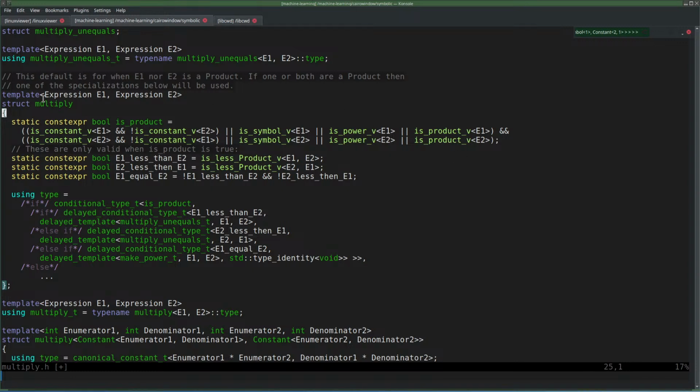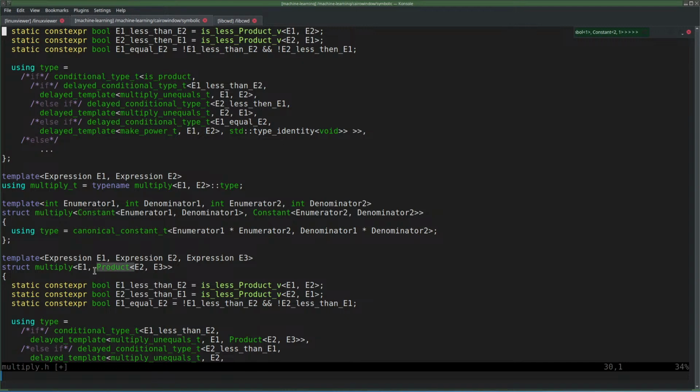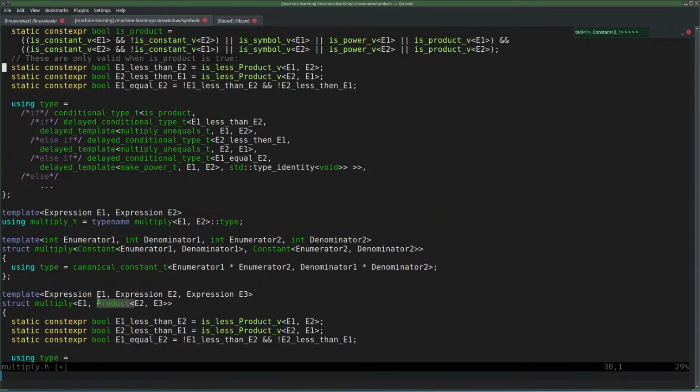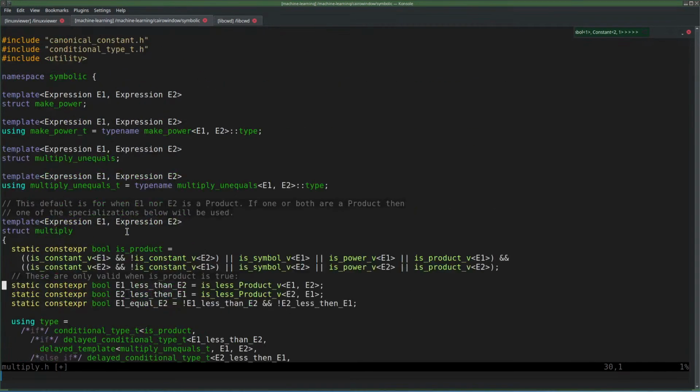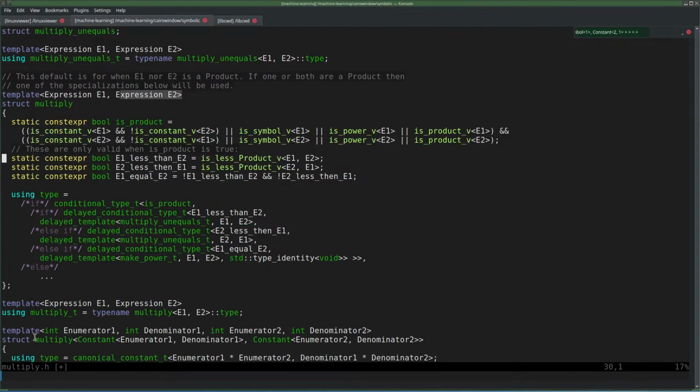Because if I want to specialize this struct for certain expressions, like sums, right? So then I repeat it here, and like I do here, I have a specialization for constants, yes? And we have specializations for products. So I want to make a specialization for where one of these two expressions here is a sum. But if you do that, then it demands that the specialization uses the same requires.